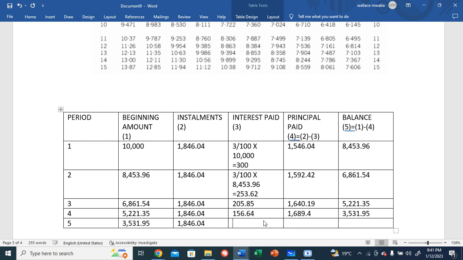All right, then 3% of 3,531.95 is 105.96.